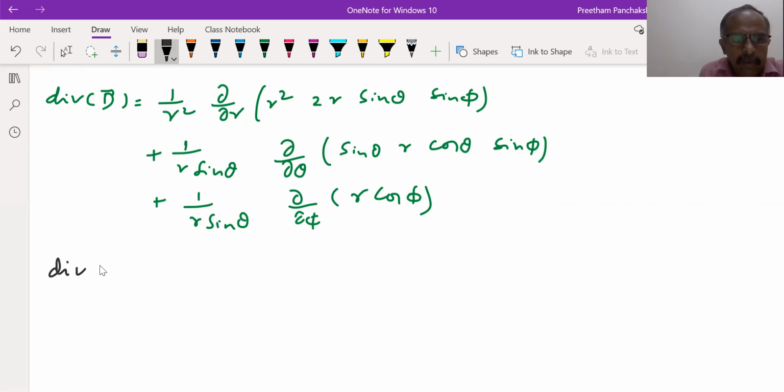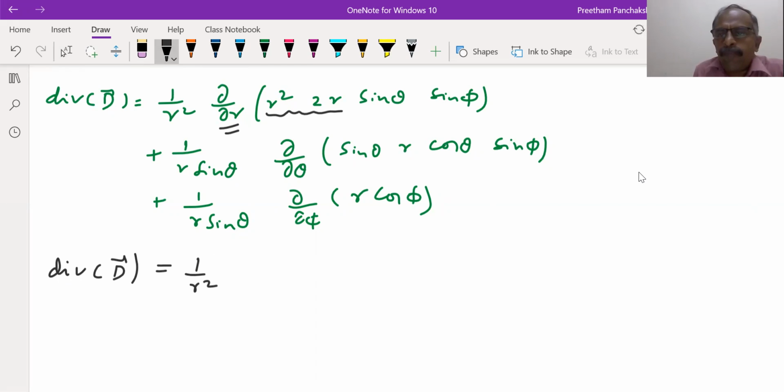Now div D is equal to, so let us differentiate. The first term is to be differentiated with respect to r. 1 by r square being outside the differentiation, no change. So here we have to differentiate only r terms. So r square into r is r cube.